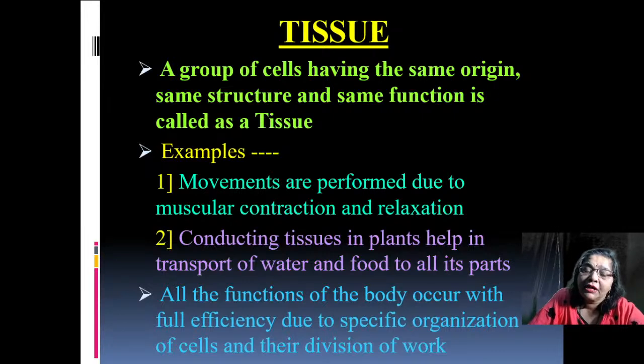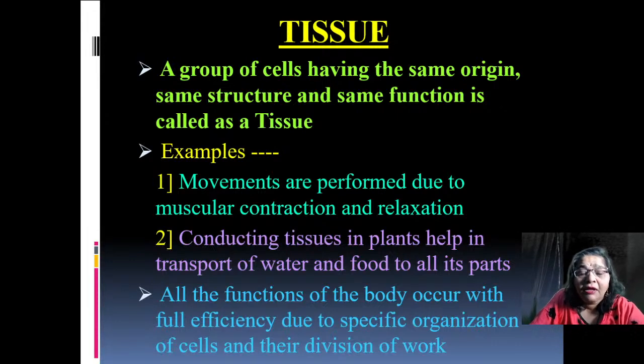And of course, in a plant cell, the plasma membrane is covered with a cell wall. So basically, organisms are made up of the structural and functional unit called cells. You all know that. When cells which are similar in structure and perform the same function are grouped together, such a group of cells is called a tissue.